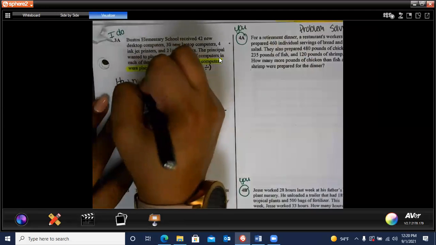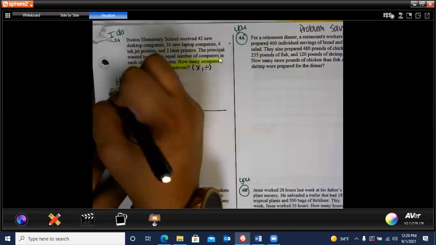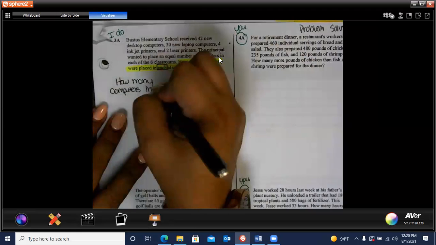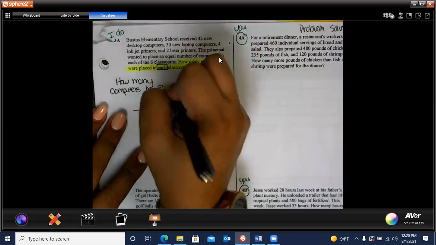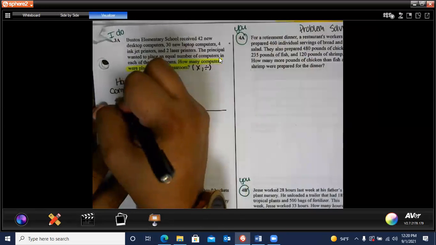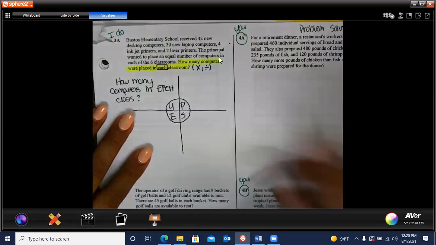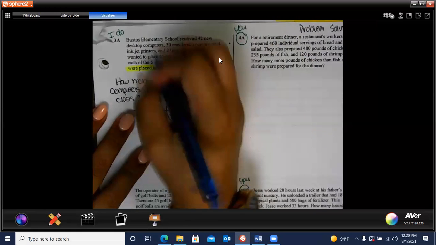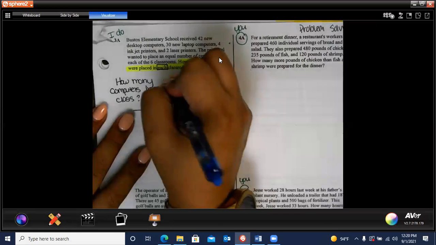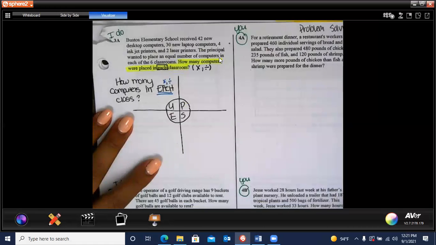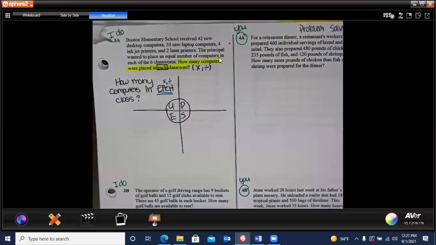How many computers, clue word computers, in each class? And we know that the word each is either multiplication or division. Clue word computers.